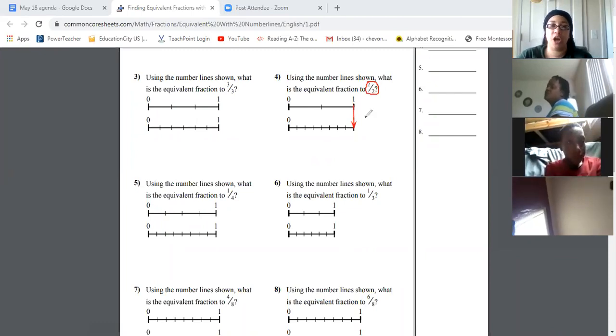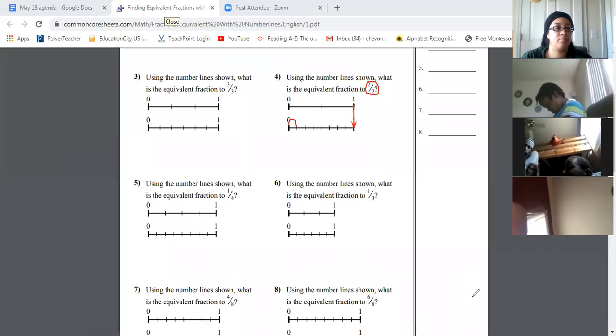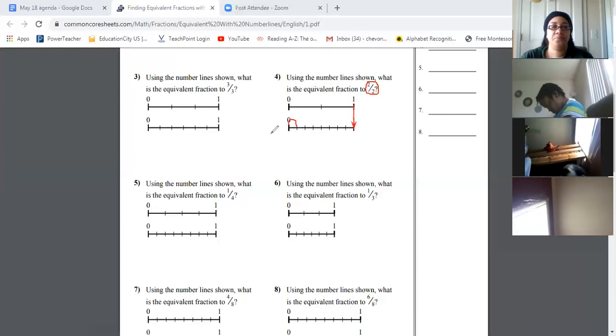So you're counting those jumps. Remember, we go 1 and then we continue jumping, okay? Okay, I'm getting some answers in there. Good.